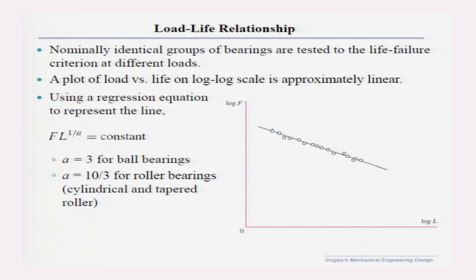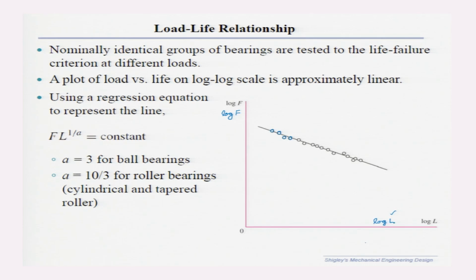The experimental data are given as small circles between log of the load which you can apply on the bearing and log of the life. Okay, and we have studied what the meaning of this life is for the case of bearings.